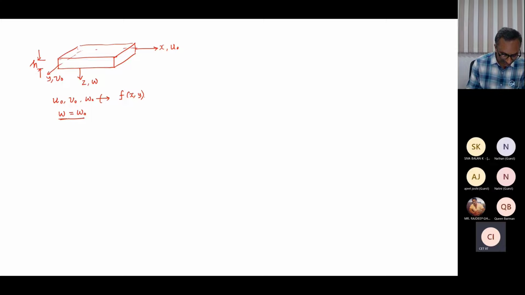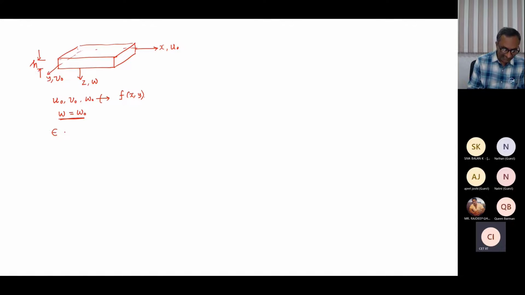That means the z direction displacement of the mid surface and of any other point, that means the top and bottom surface, is the same. This is true because the laminate is thin.